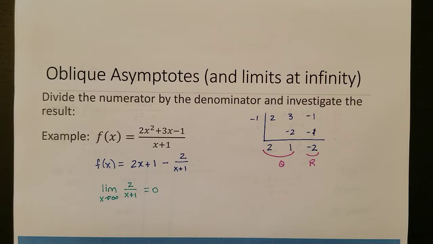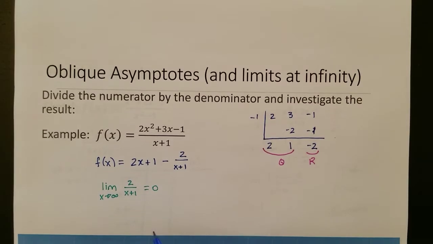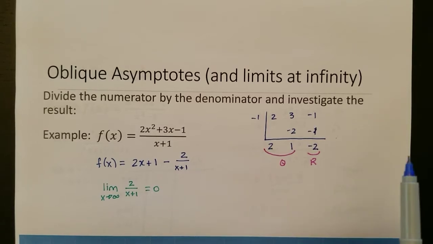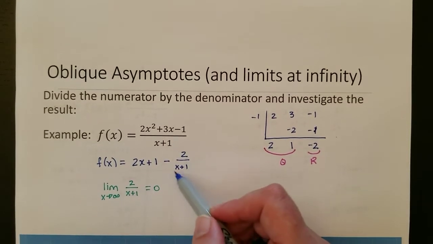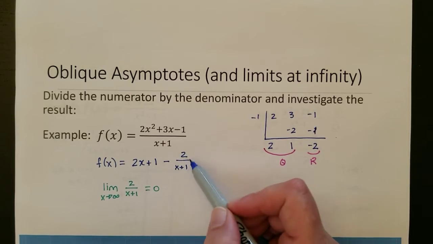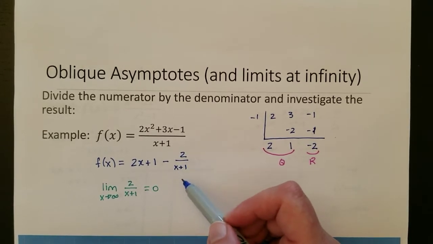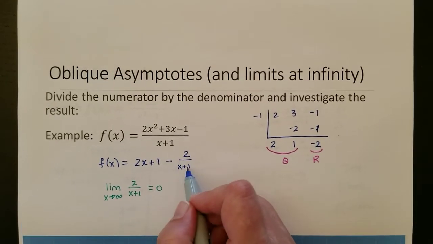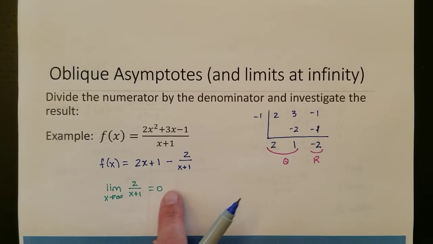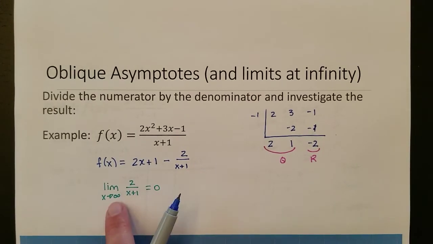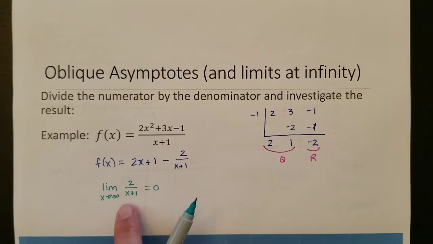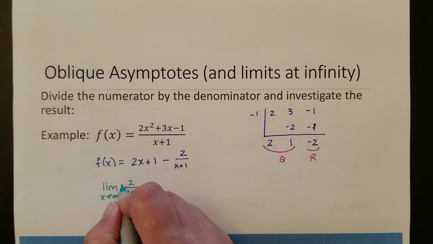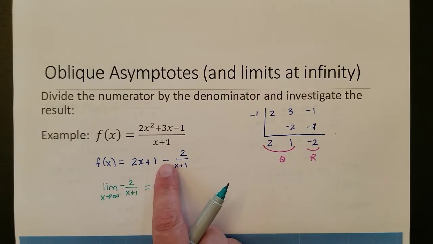Another thing that we want to be able to do is to see, is it approaching this from above or below? So will this piece be a little bit above my function or a little bit below my function? So here I'm going to take a look at what this is doing from positive infinity or negative infinity. So I am subtracting this, and if x is going towards positive infinity, I may just put that negative sign out there.